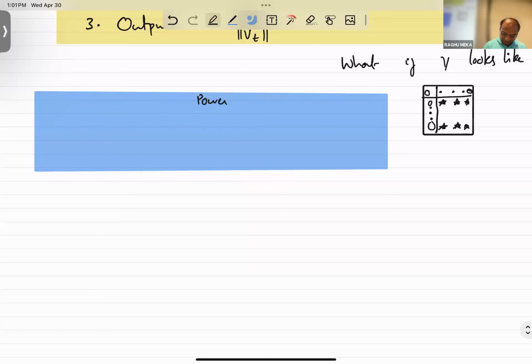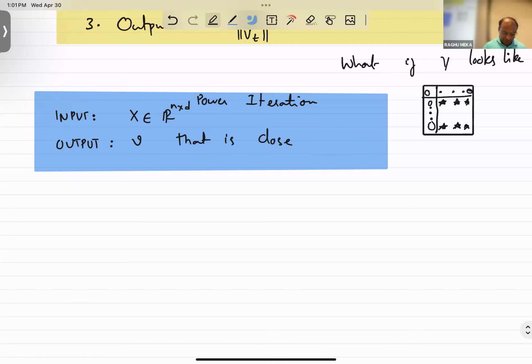So power iteration is the following. So the input, just to recall everything, is some n by d matrix. And the output will be a vector V, unit vector, that is close to the first right singular vector.